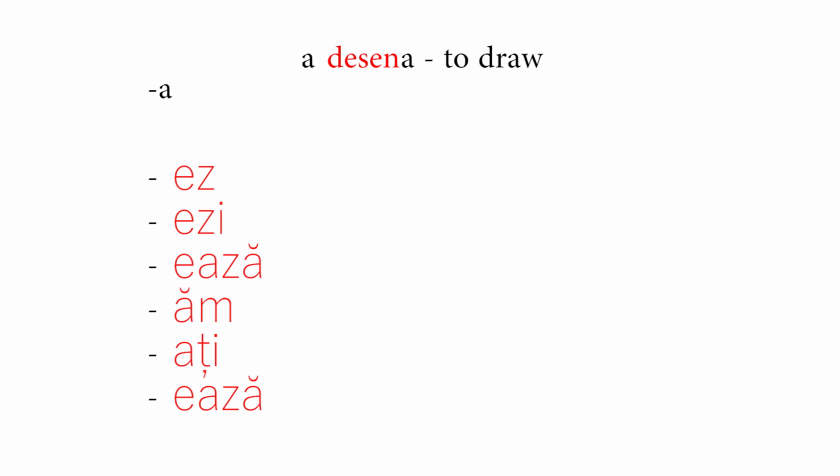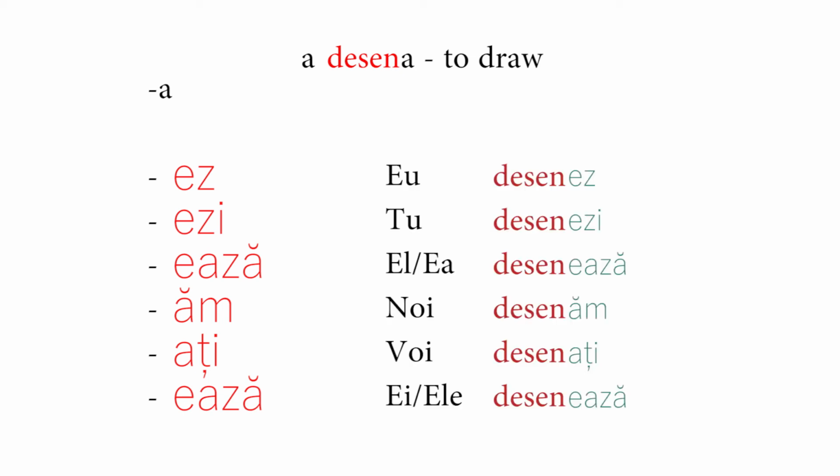So you need to follow the method. Okay, so it goes like this: eu desenez, tu desenezi, el, ea desenează, noi desenăm, voi desenați, ei, ele desenează. You see, it's pretty easy, and if you follow this path, it will get easier for you.